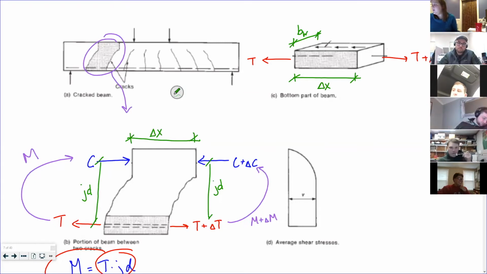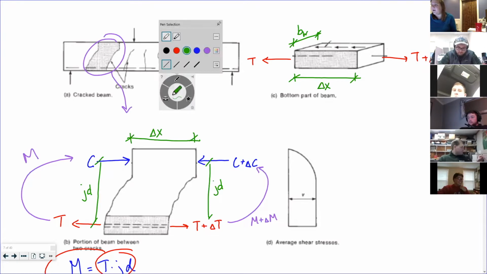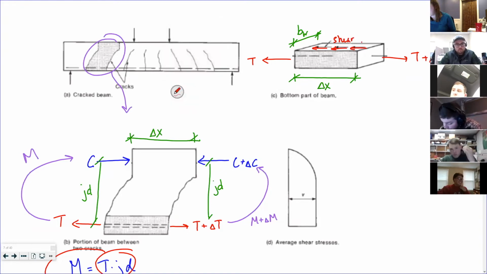On my left side, I have a T, and on my right side, I have a T plus delta T. So if I want to look at equilibrium, I have to have a delta T change over that width, right? It's called my shear flow.